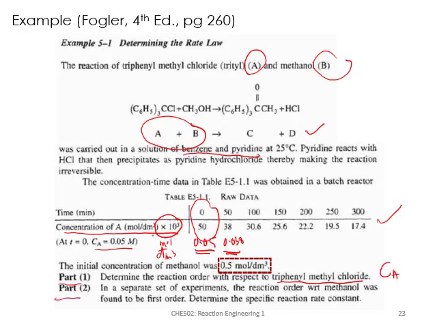Part 2: in a separate set of experiments, the reaction order with respect to methanol was found to be first order. Determine the specific reaction rate constant. Sorry, that is the question.